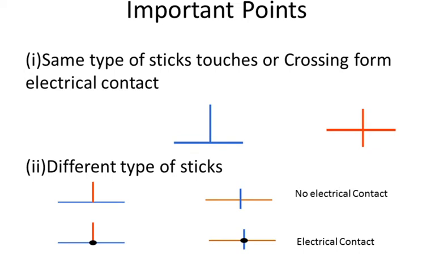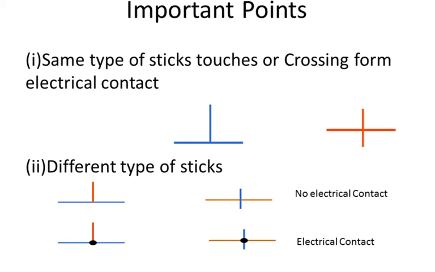In the second set of diagrams, we have different types of layers or sticks. They touch each other or cross each other, but it doesn't provide any electrical contact between the layers.